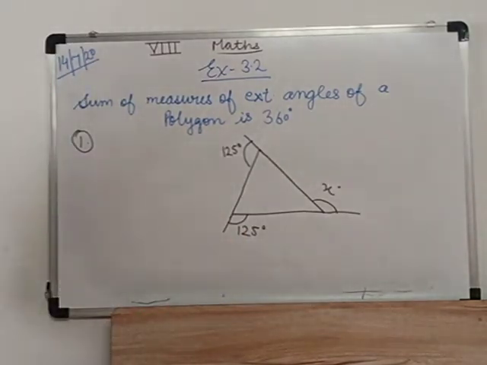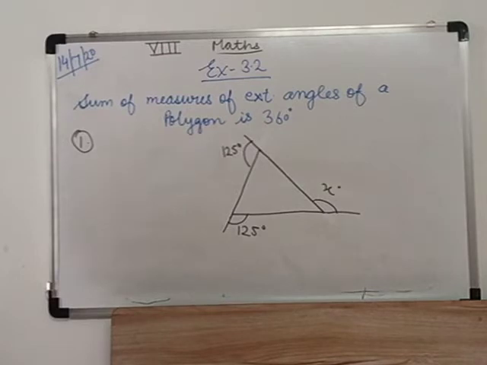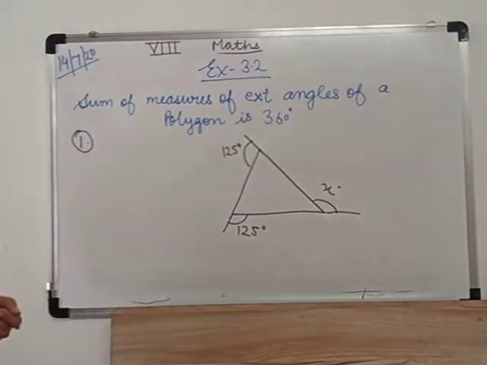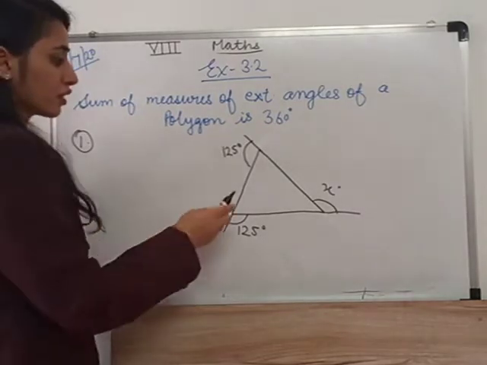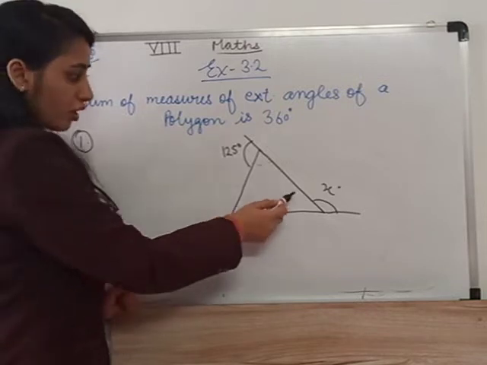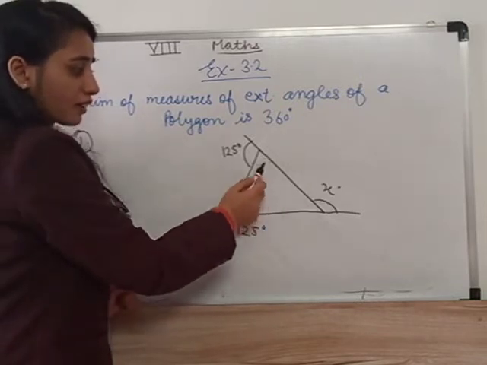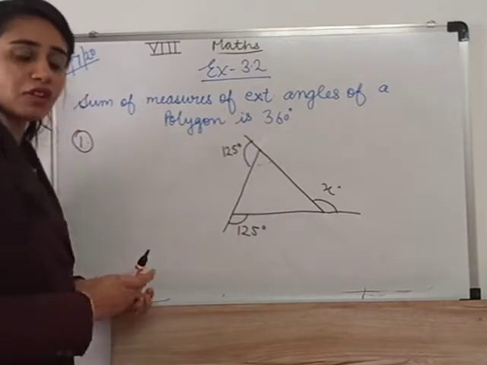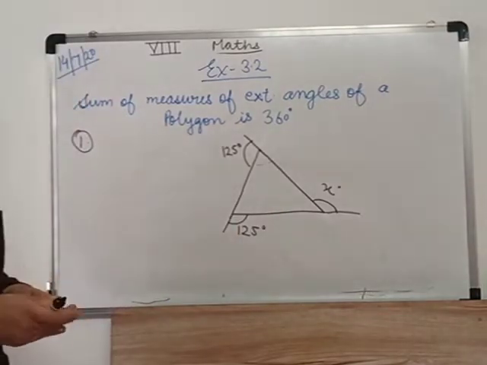Here we use our property. Or if you don't want to use this exterior angle sum property, you can do it like the previous questions: by using linear pair you can find these two angles, then by the exterior angle property you can find the value of x. But we can solve it in a simple way.